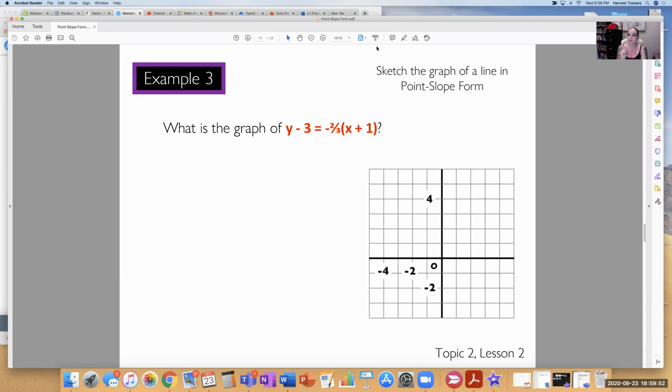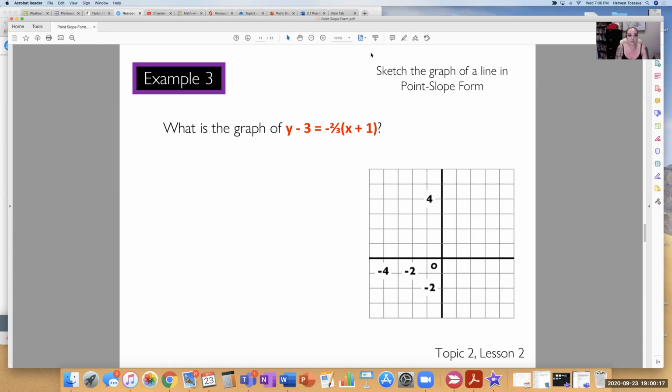And remember what we learned about when the formula calls for y minus y1 and x minus x1. If we now see that the equation of the graph is x plus 1, that should tell us that that was originally x minus negative 1.